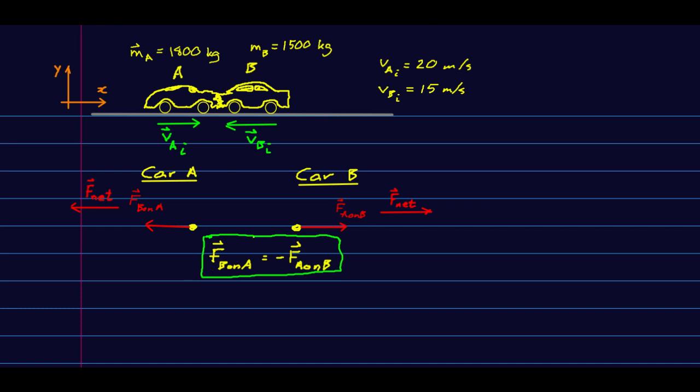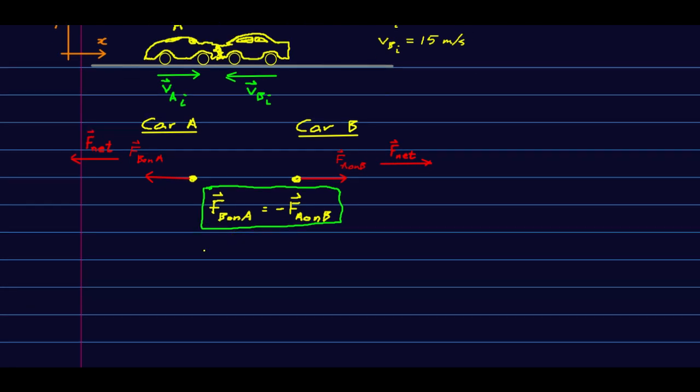However, there are a few things we do know. The time that car B spends colliding with car A is certainly the same delta t as the time that car A spends colliding with B. And so this is true. But we know what an F delta t is. That's a J, an impulse, right?